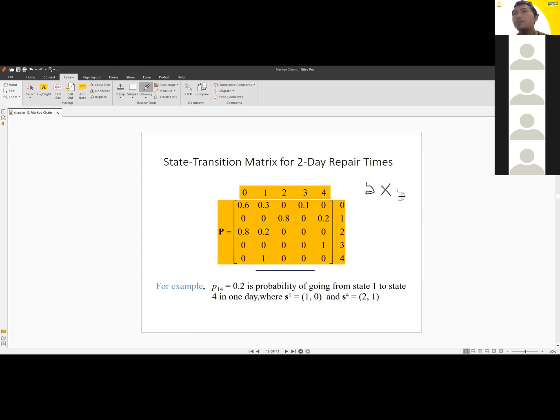You have to be careful placing the elements: how much probability should be written here.